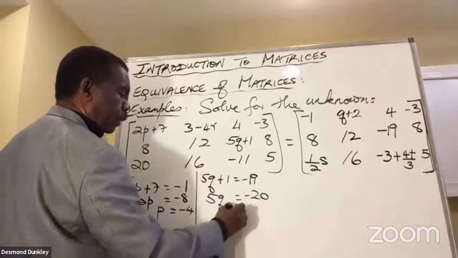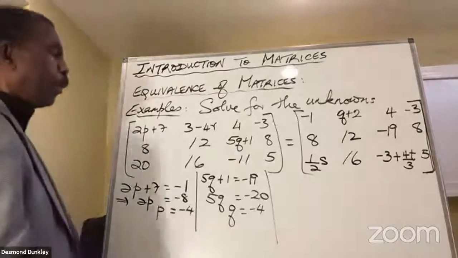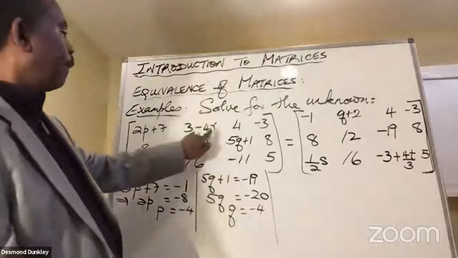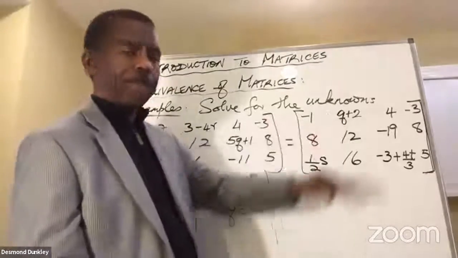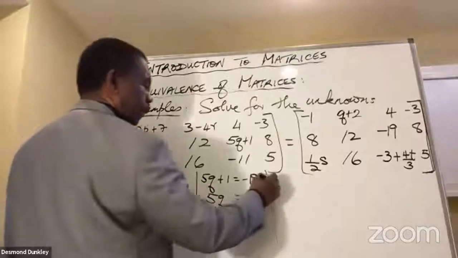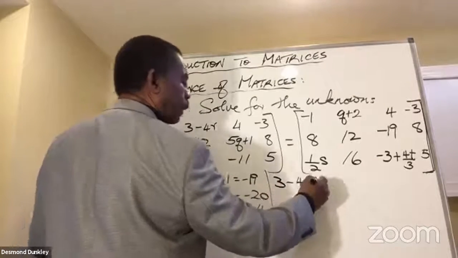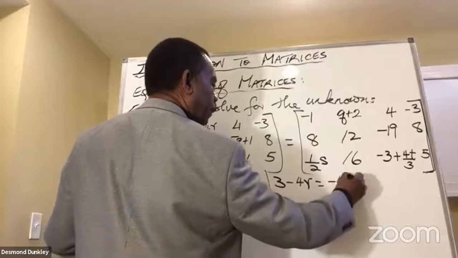So Q is also equal to -4. So now we know Q as -4. So now we can actually find R because we know Q is -4. So we have 3 minus 4R is equal to -4 plus 2.